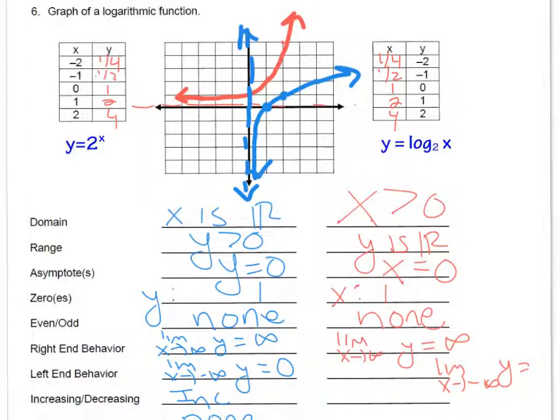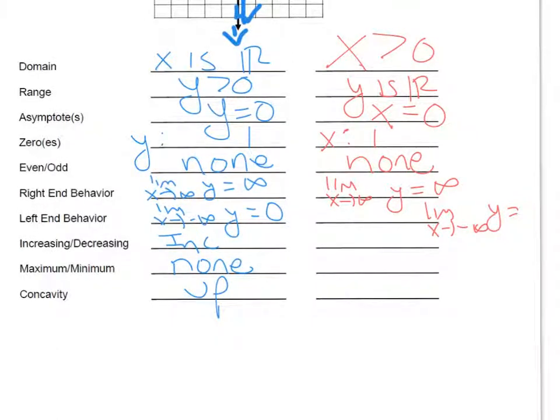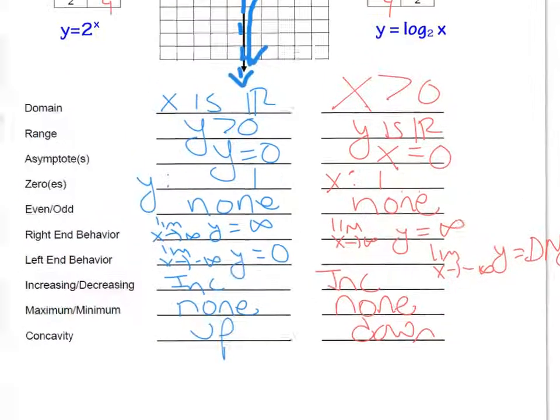No, our graph only approaches 0. So for the left end behavior, it actually does not exist because we never approach infinity. We only approach 0. The graph is increasing. It does not have a max or min, and it is concave down because it's bent down like a frown.